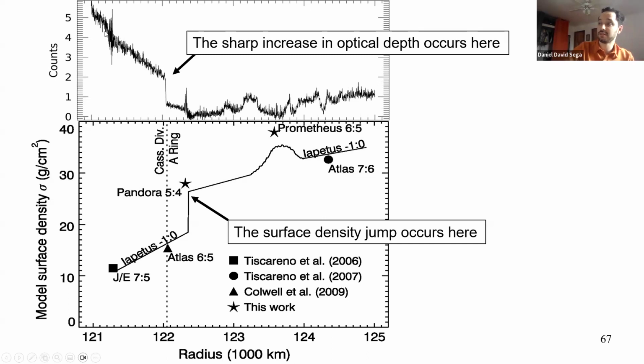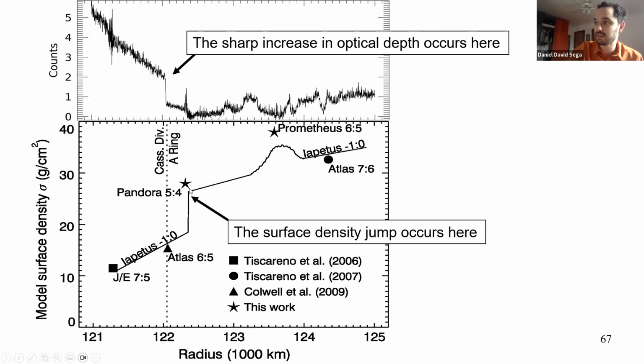Anyway, there's this bending wave. There are other bending waves in the region, again with that signal that there's a viscosity that should damp this faster. But also, if you look at the counts, there's a decrease in light going through here, so there's an increase in optical depth. And that's normally what's being called the inner edge of the A ring. But by looking at the wavelength, the jump in surface density is actually here.